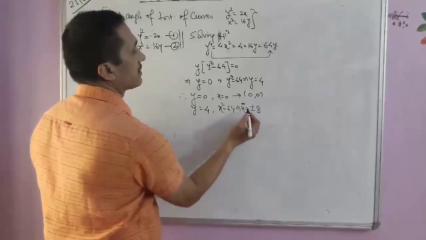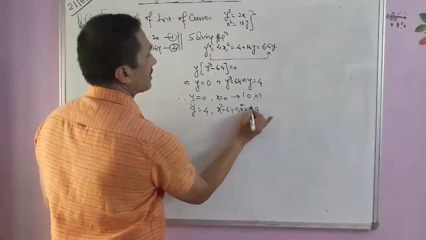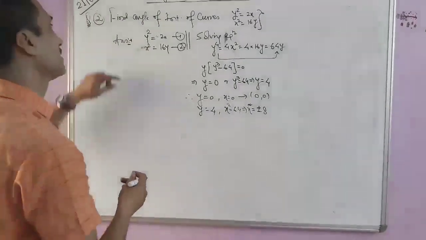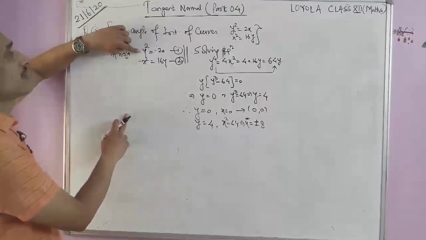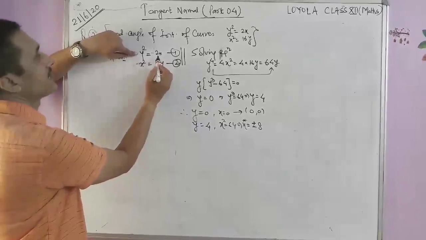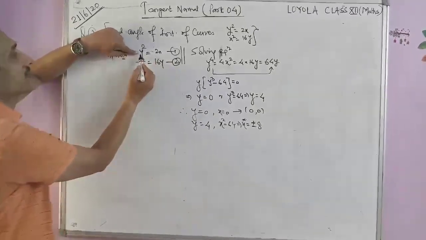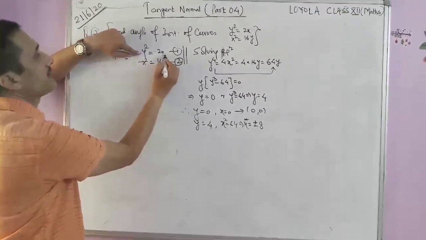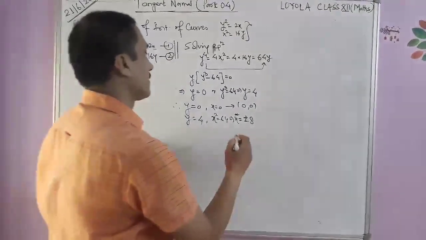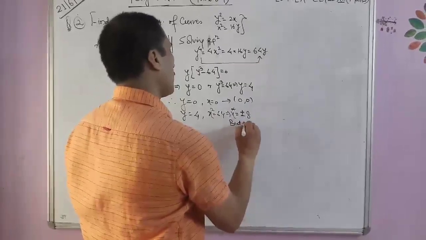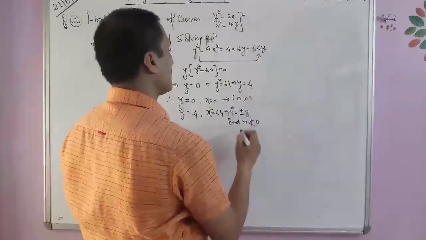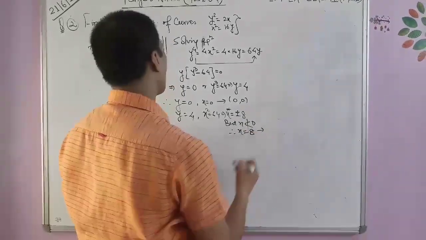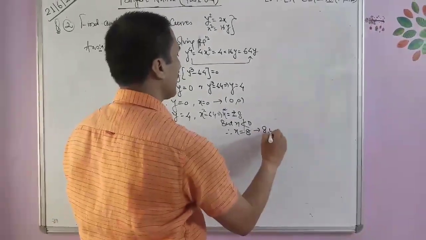Here we take care: we know y square equal to 2x is the equation of a parabola, the LHS is a square, so x cannot be negative. Therefore x equal to 8 and the corresponding point will be (8, 4).